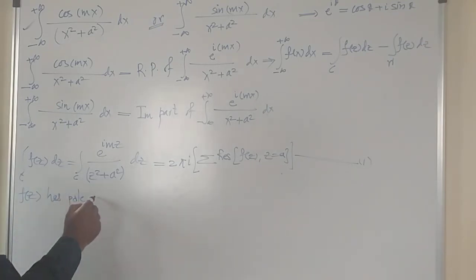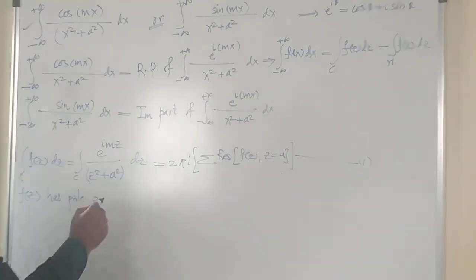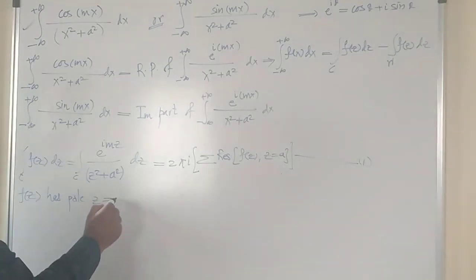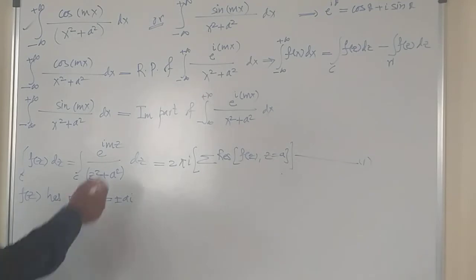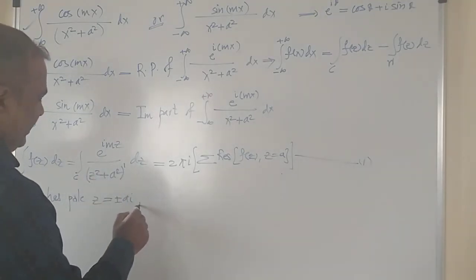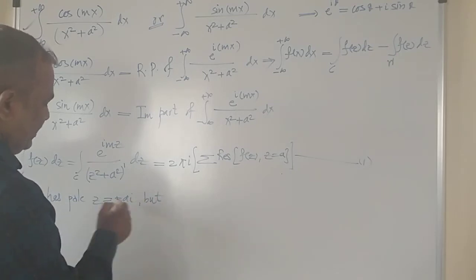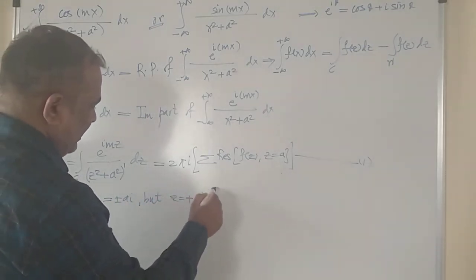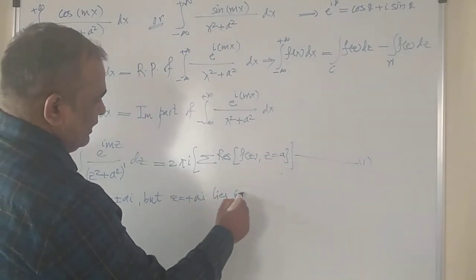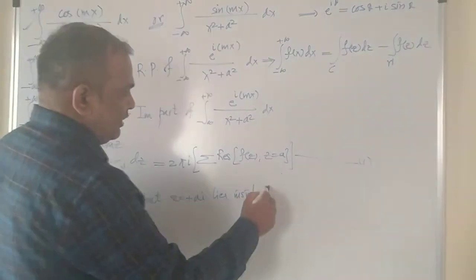So it has a pole at z square equals minus a square, that means z equals plus or minus ai. So it has poles at z equals plus or minus ai, and it is a simple pole, its exponent being equal to 1. But out of these two poles, z equals plus ai lies inside the contour.